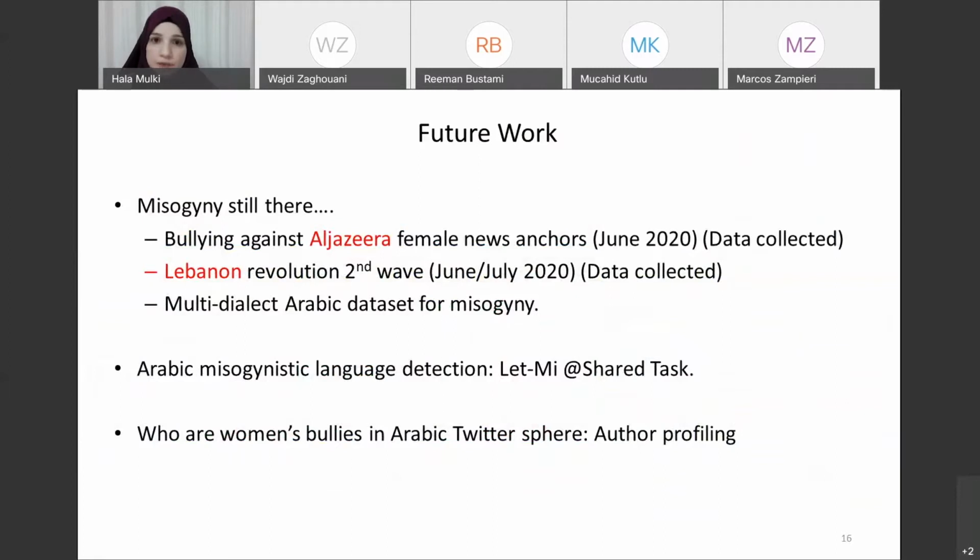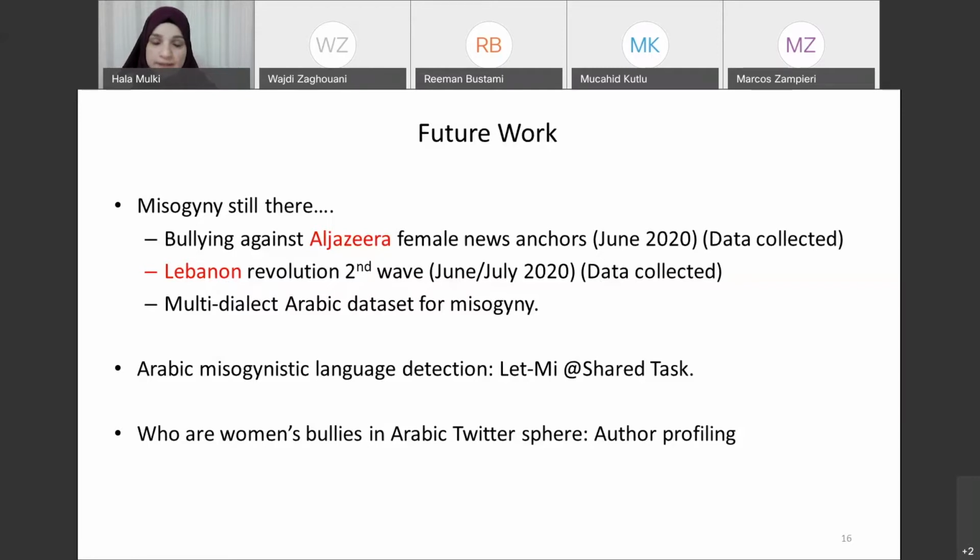To achieve that, we've already collected tweets during the bullying campaign against Al Jazeera female news anchors in June 2020. And we are also aiming to extend our LetMe dataset by combining tweets collected from the second wave of the Lebanon revolution from June to July 2020.